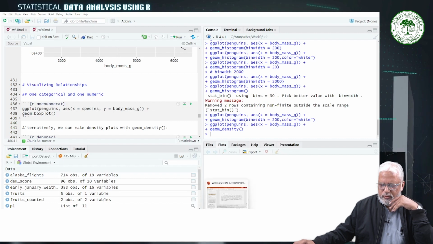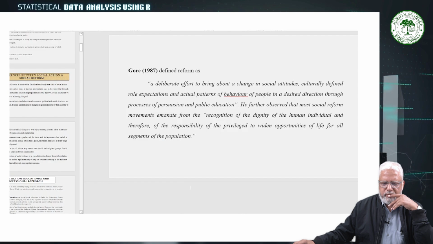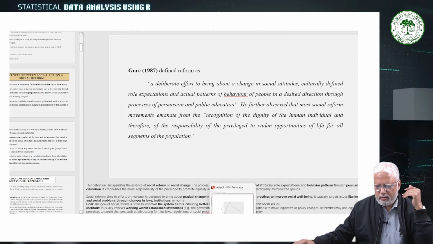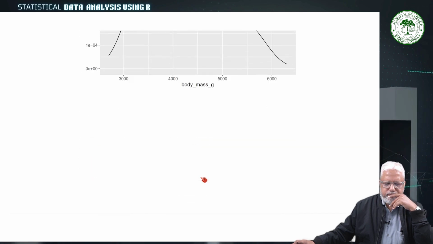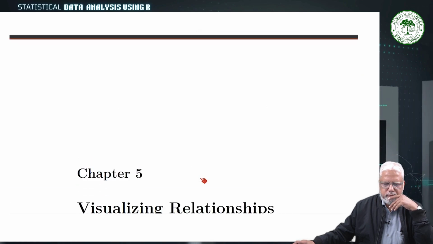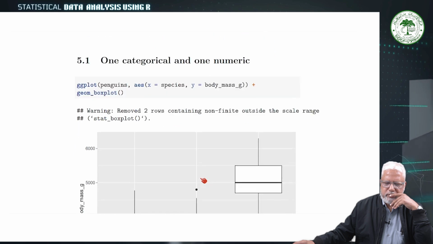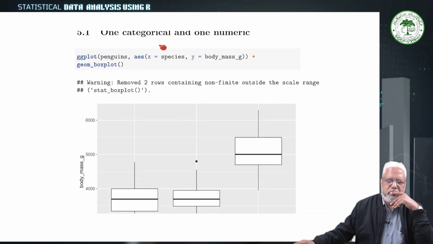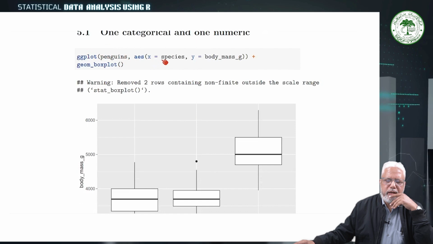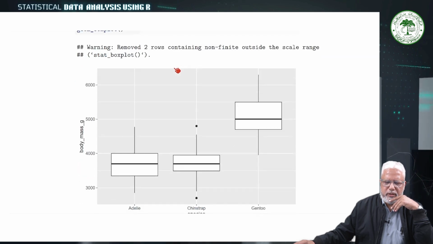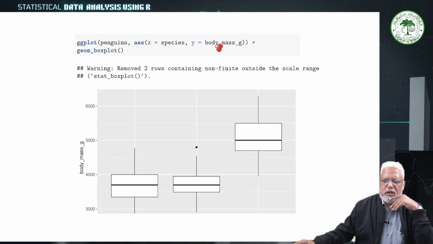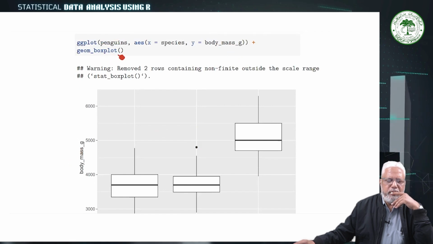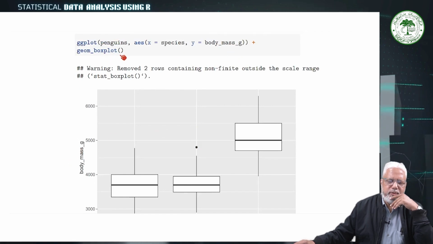On the x axis it is species, and on the y axis it is body mass in gram. So, geom_boxplot is our geometric.